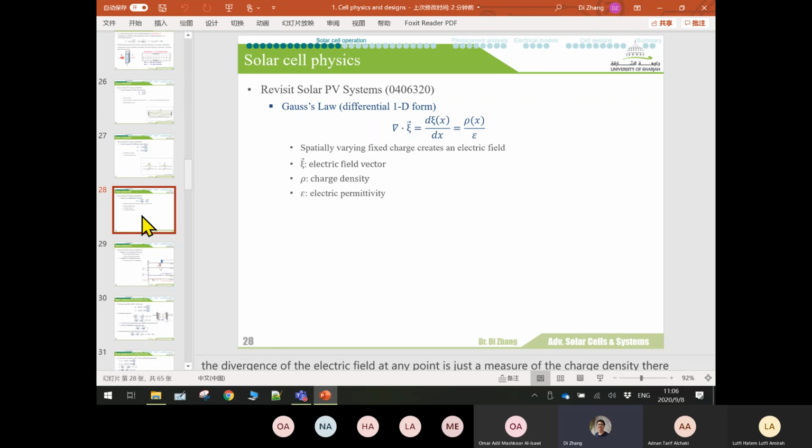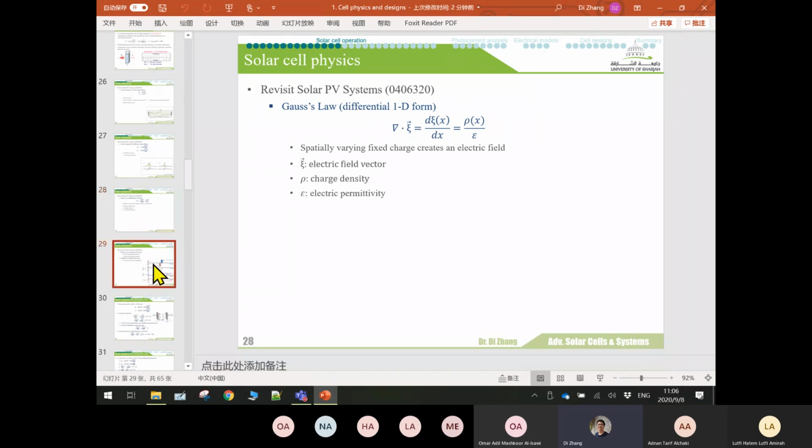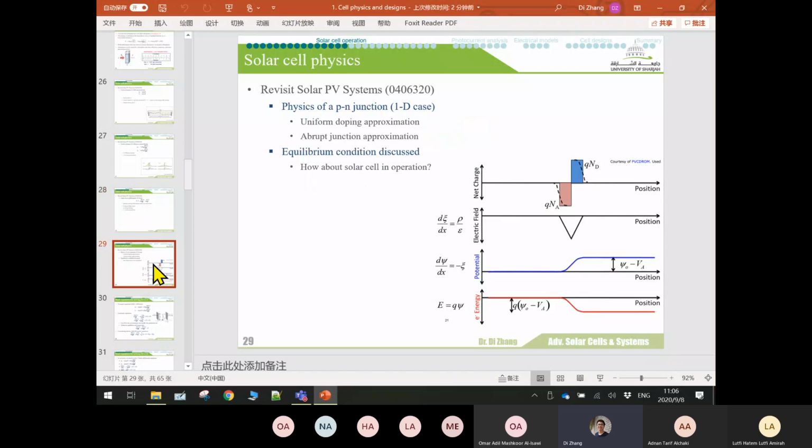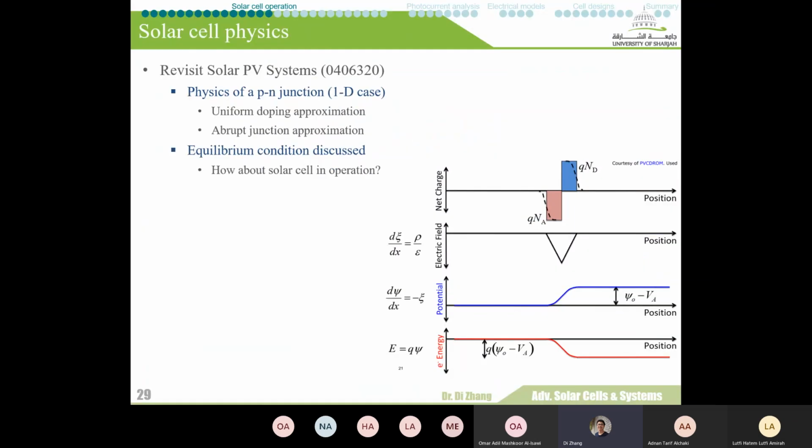This is a very useful equation for us. In fact, in solar PV, we use this equation to visualize what is happening inside our PN junction.